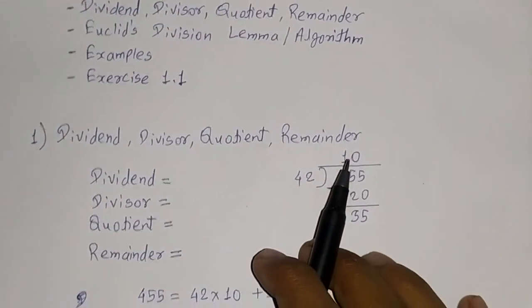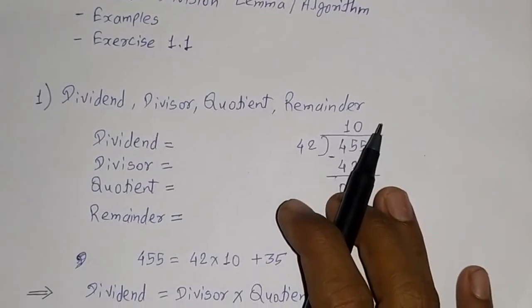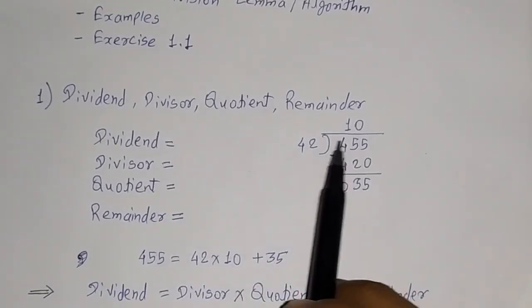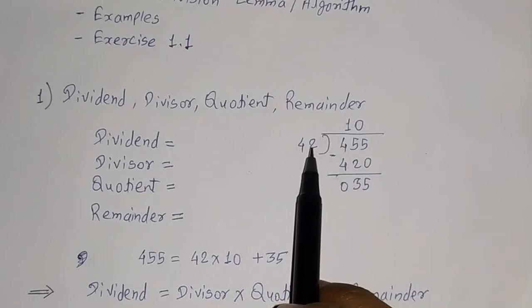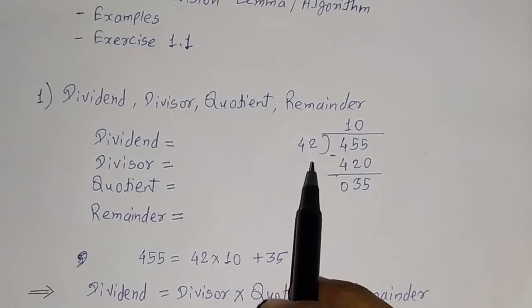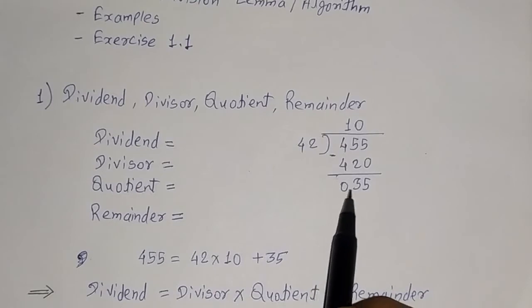So let us first discuss this problem. 455 divided by 42. All of you know that 35 is the remainder.